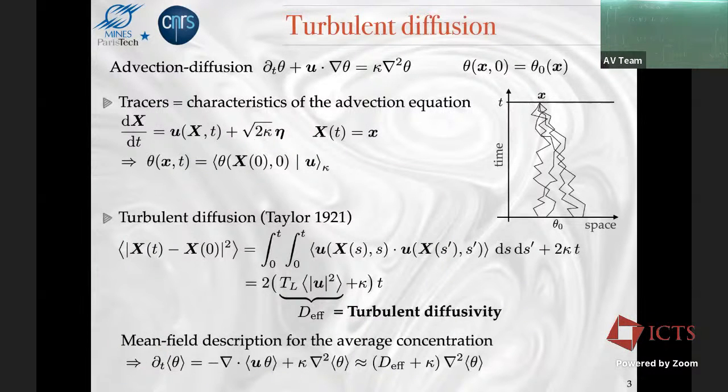And this quantity is what we call the turbulent diffusivity. This is an effective diffusivity that most people working on applications of mixing use in order to model the large-scale dispersion.